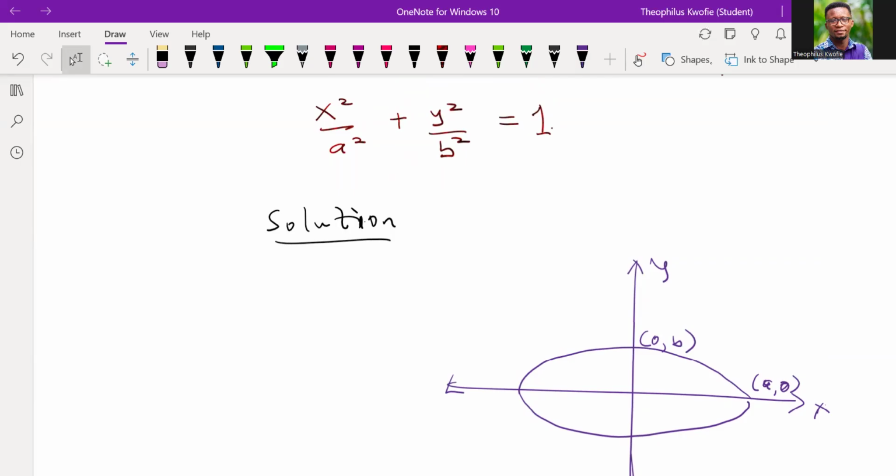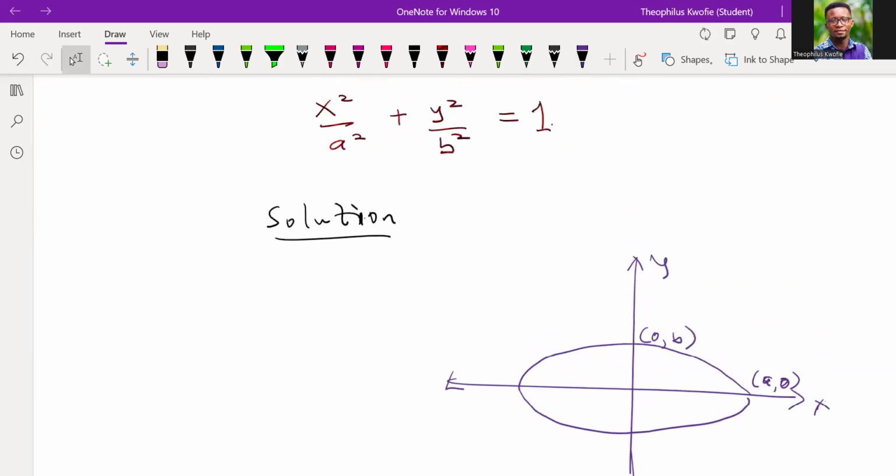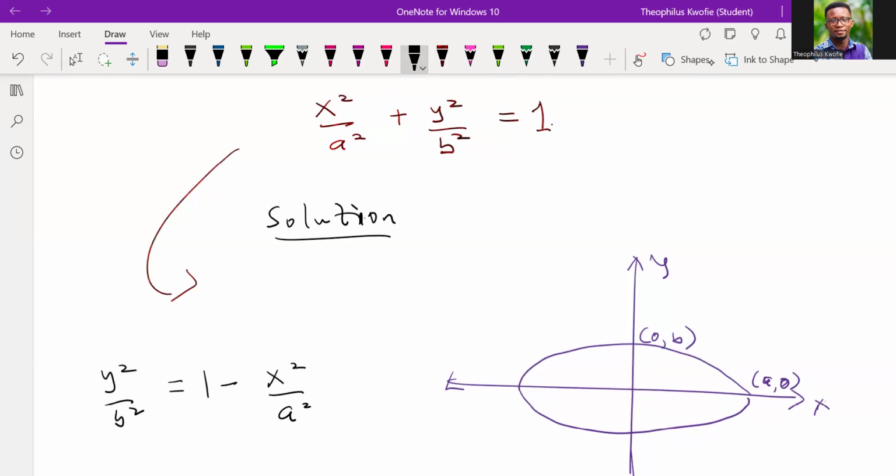Now let's look at something. Now we have this particular ellipse. Let's make y the subject. So let's solve the equation of the ellipse for y. By solving it for y, you're going to have y squared over b squared equal to 1 minus x squared over a squared.